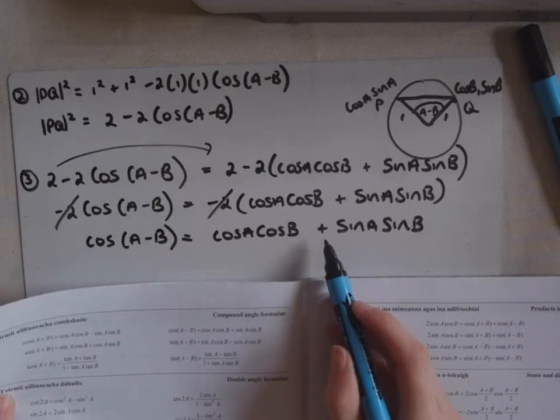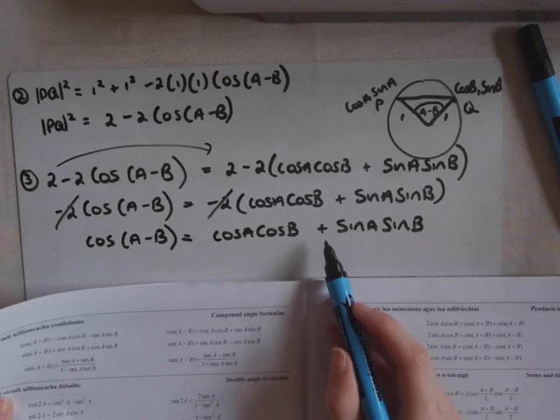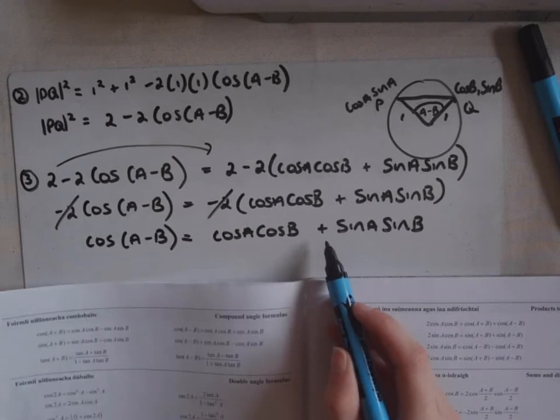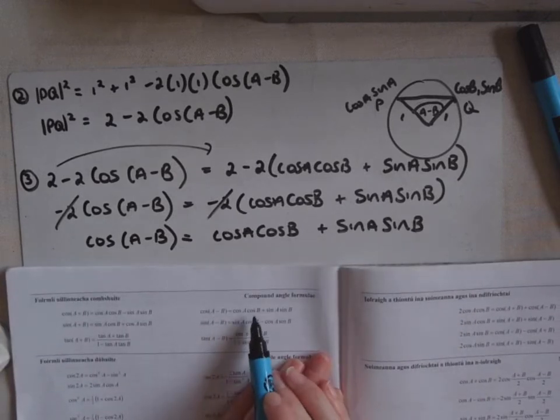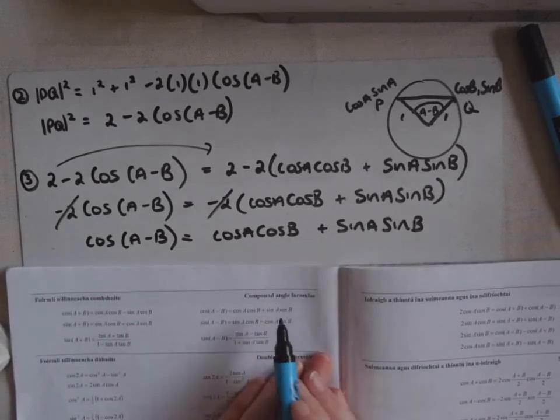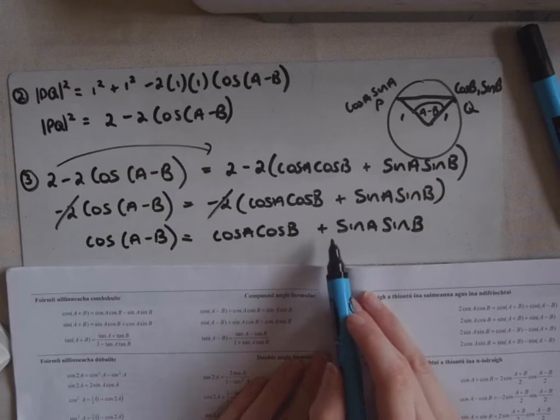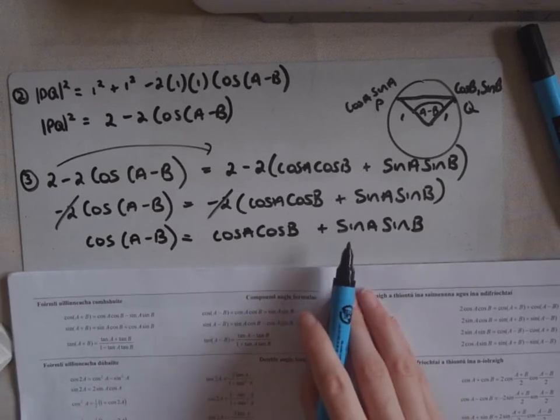You have a minus. Will you make it a plus? Sorry, it should be a plus. I read it from the book and it's wrong. But it is a plus. See here, cos of A minus B is cos A cos B plus sin A sin B. Will you just make the one at the top a plus?